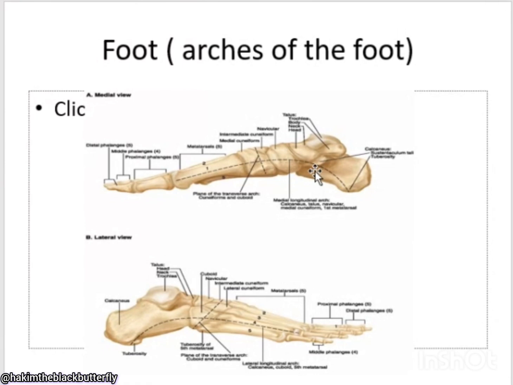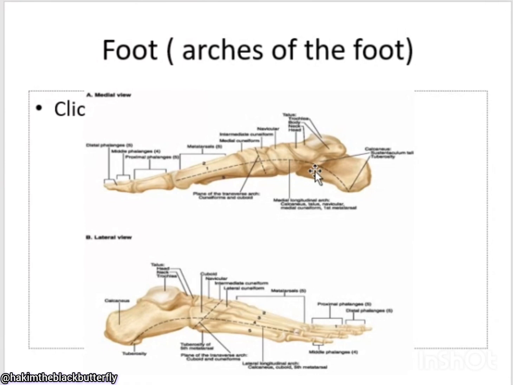Then the bones themselves are wedge-shaped. When I say that the bones are wedge-shaped, they are like interlocking bricks. They fit into each other, and that wedge shape is one of the factors which stabilizes those arches.